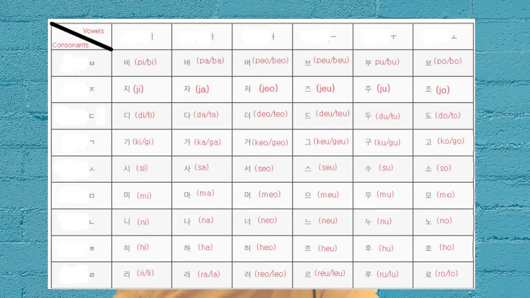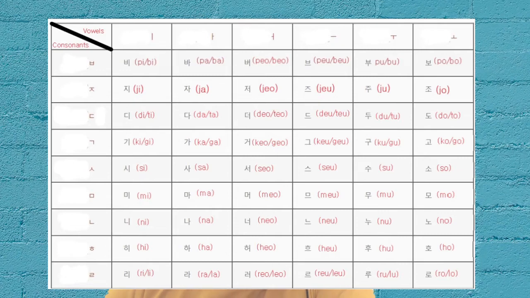For example, B and the vowels: ba, bo, bu, bu, bo.